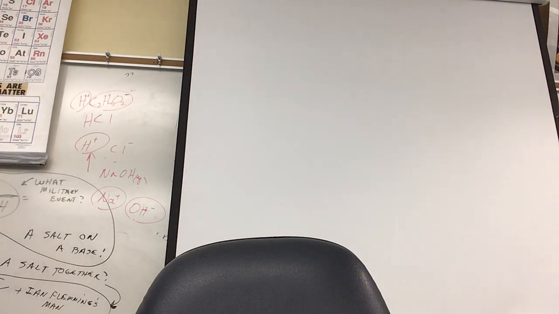Now, some of the questions will say, write out the net ionic equation. That's what we're going to do. But I'll show you another series of questions we have. Let's say something like this: for the following reactions, if a precipitate forms, write out the formula of the precipitate. And it'll be 6 in a row.